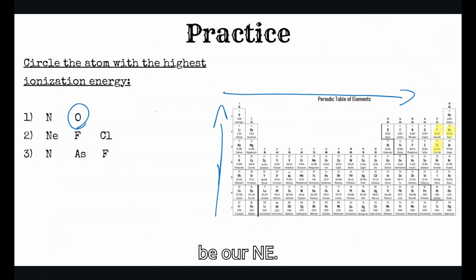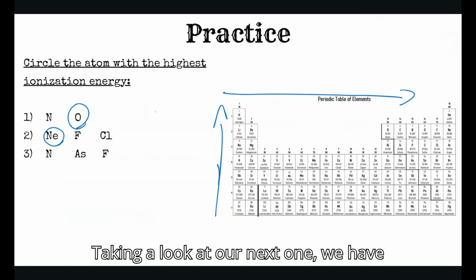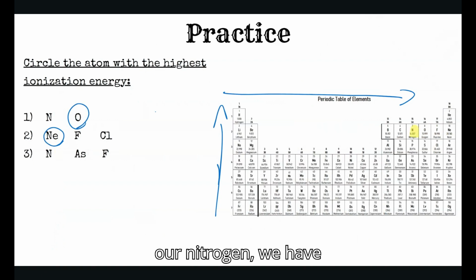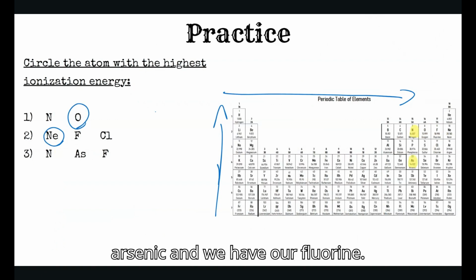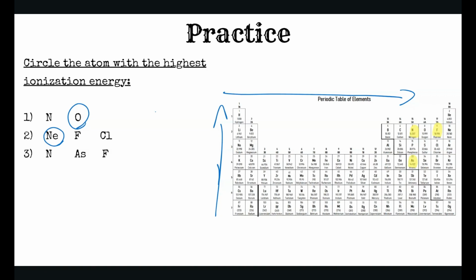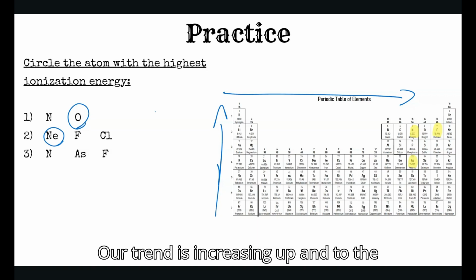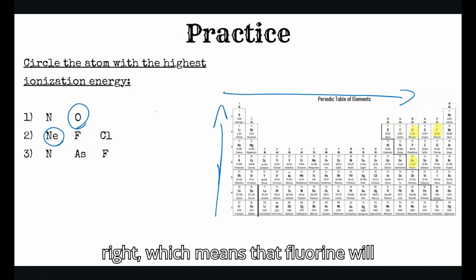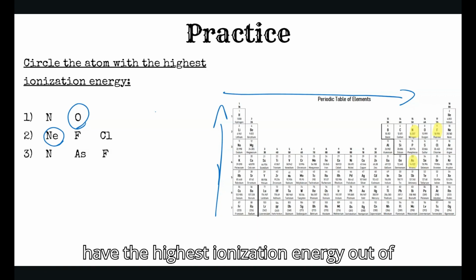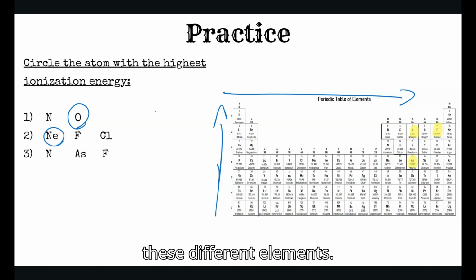So that will be our Ne. Taking a look at our next one, we have nitrogen, arsenic, and fluorine. Same kind of idea as number 2. Our trend is increasing up and to the right, which means that fluorine will have the highest ionization energy out of these different elements.